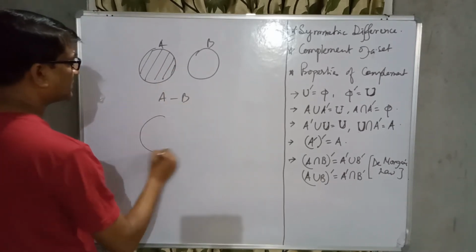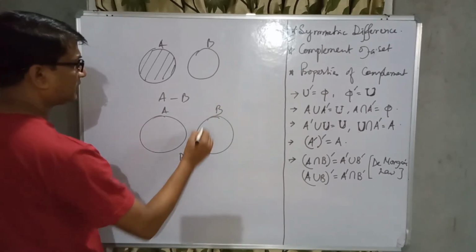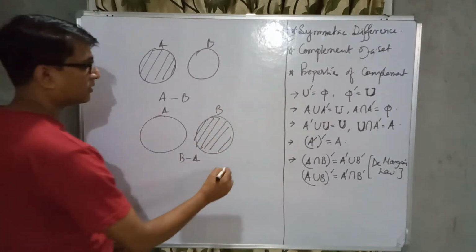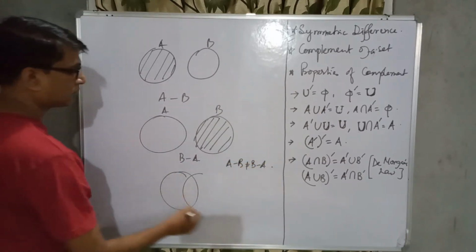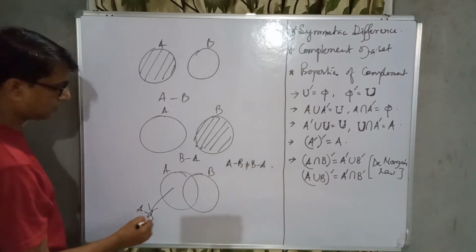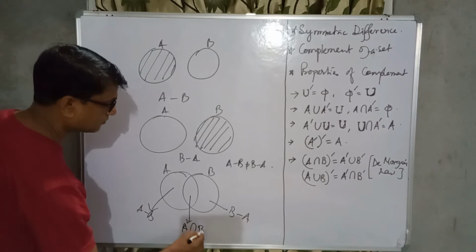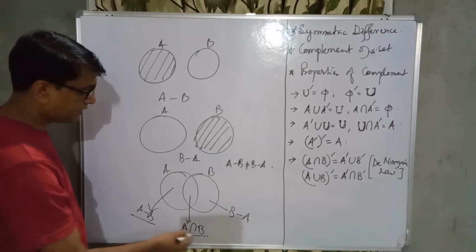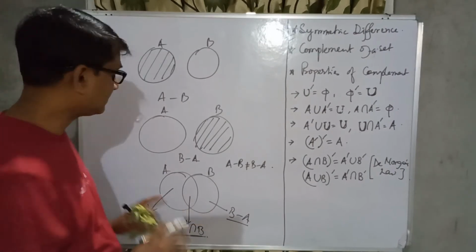And if we say B minus A, if they are disjoint sets, these are the elements belonging to B but not belonging to A. So in this case, A minus B is not equal to B minus A. If it is this type, this part is A minus B, this part is B minus A, and this part is A intersection B. But be careful: A minus B, A intersection B, and B minus A are all disjoint sets.